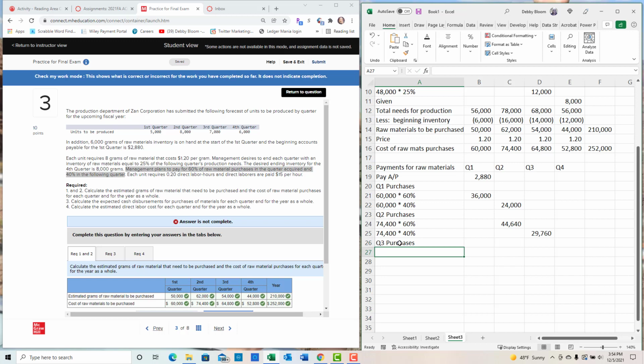So I'm going to take my quarter 3 cost of raw materials purchases, 64,800. 60% of those are going to be paid for in quarter 3, and 40% of them are going to be paid for in quarter 4.